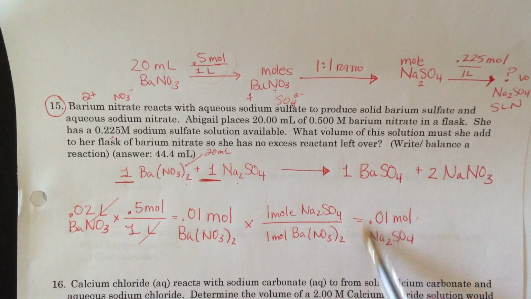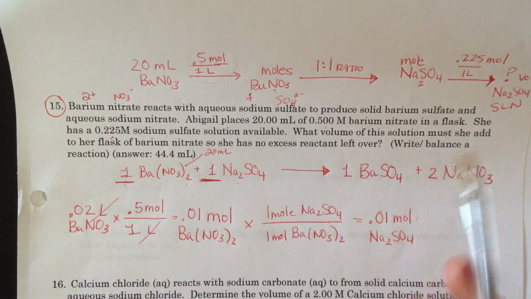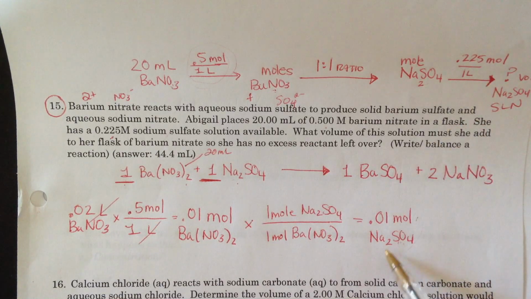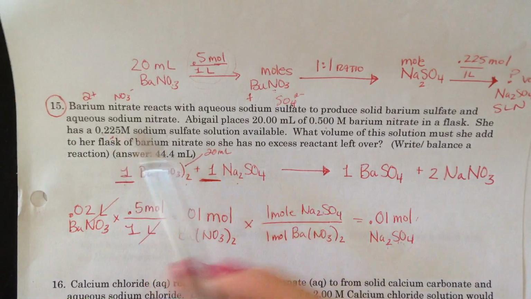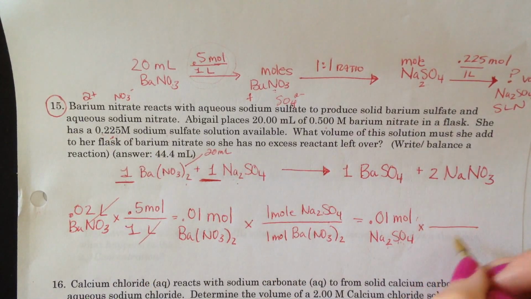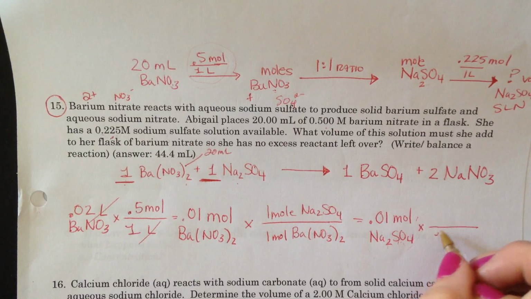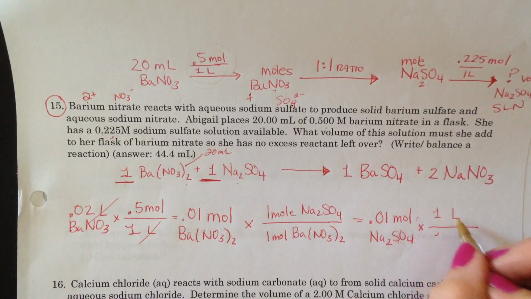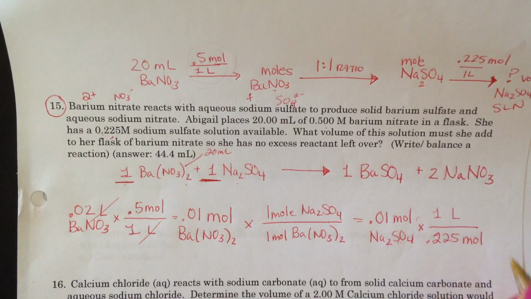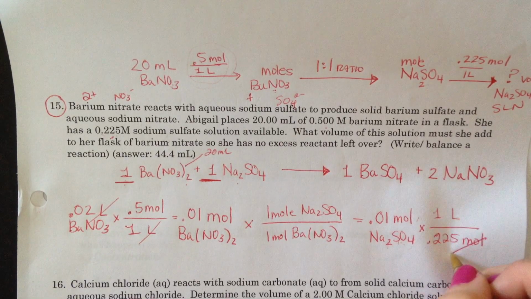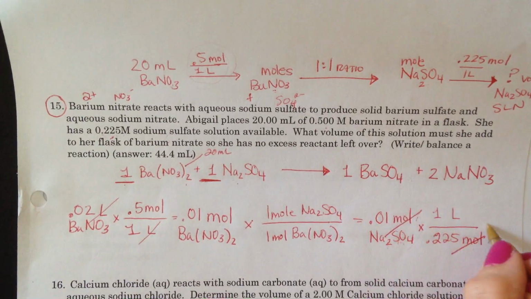So we're going to measure how many moles are in a solution using its molarity. So in this Na2SO4 solution, we know it's 0.225 molar. Or in other words, every 1 liter of that solution contains 0.225 moles. And I put my moles on the bottom so that they can cross cancel.